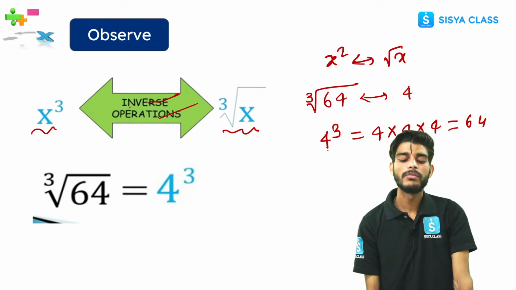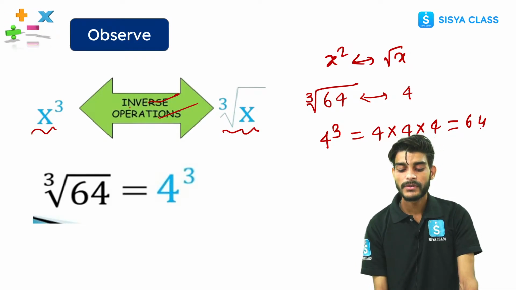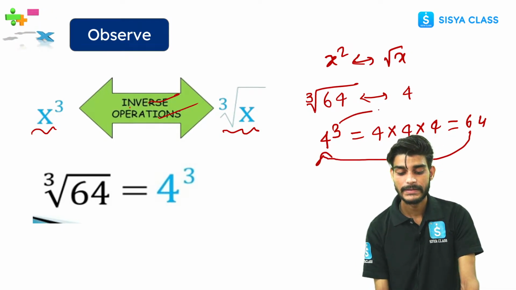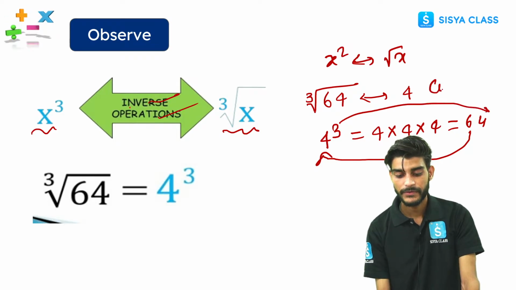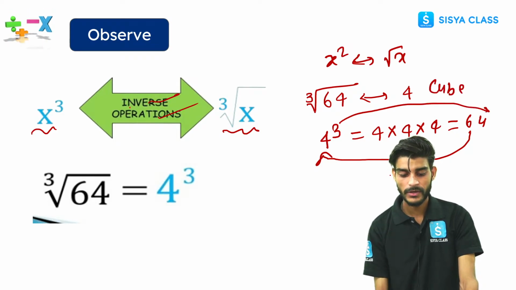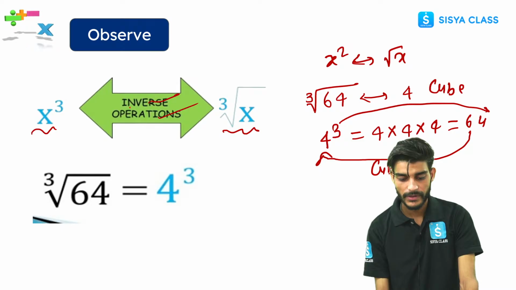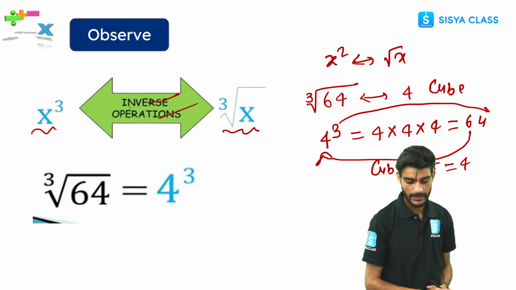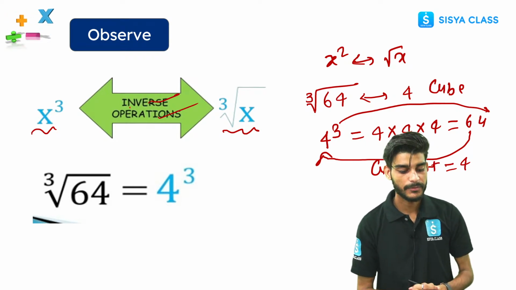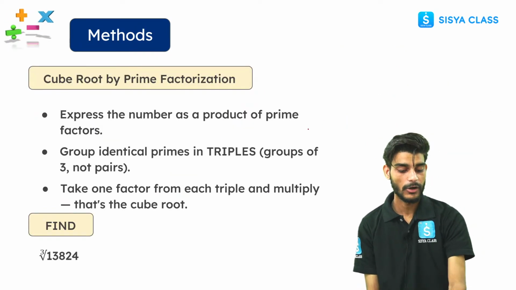So the cube of 4 is 64, so the cube root of 64 will be 4 only. That is why they are inverse processes. Clear? I hope this is clear to you.